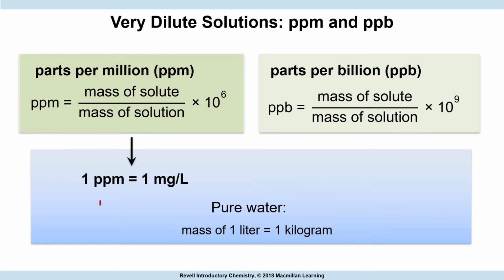Okay, so that comes out to 10 to the 6th, or 1 milligram per liter. And a part per billion is a microgram, which is 0.000001 gram per 1,000 milliliters, or 1,000 grams.